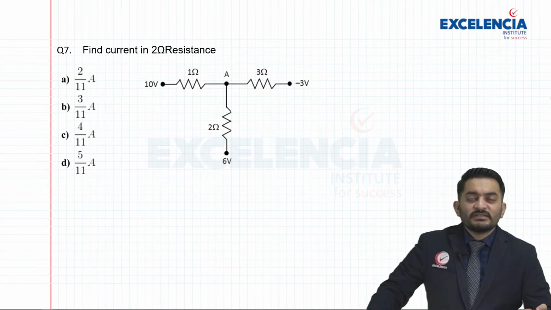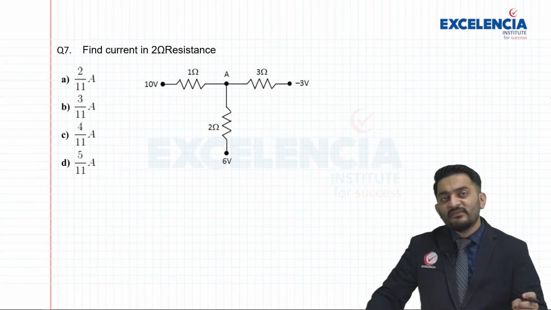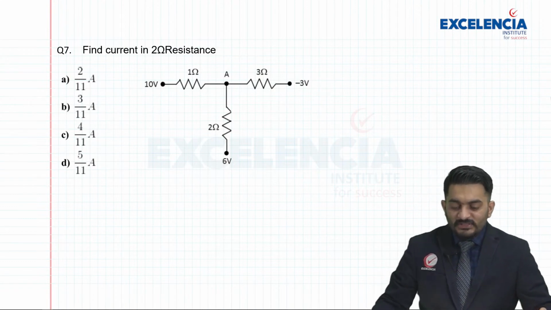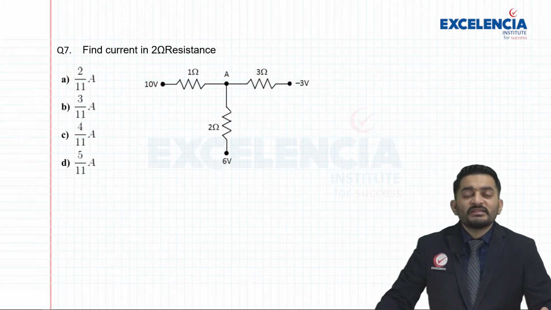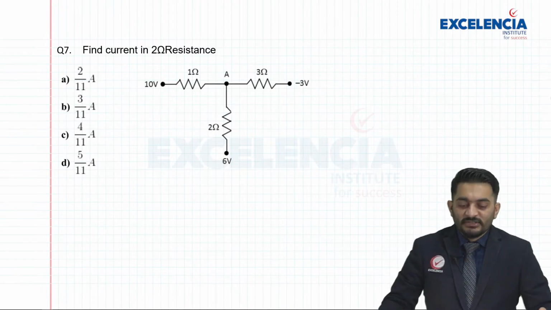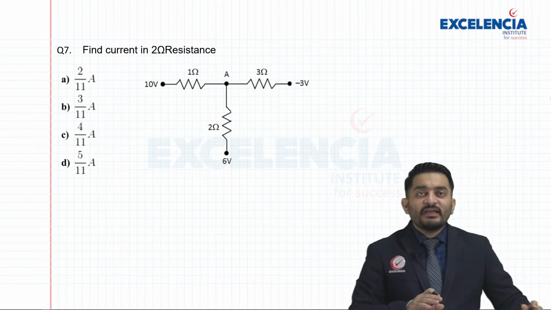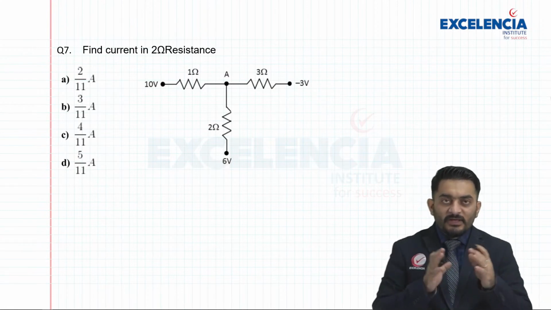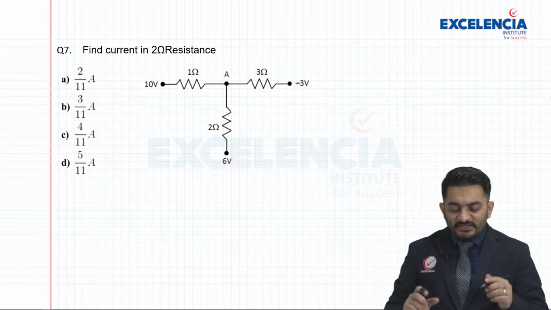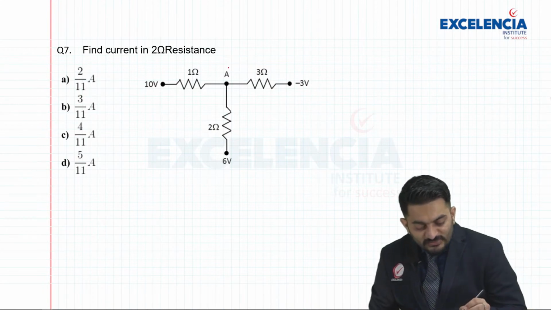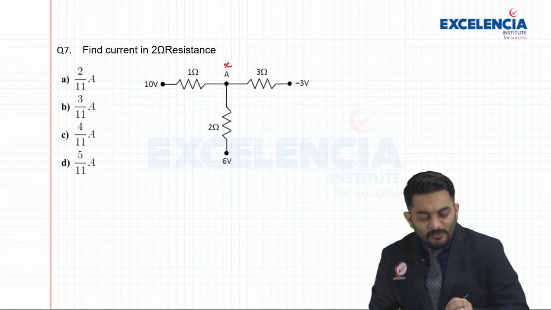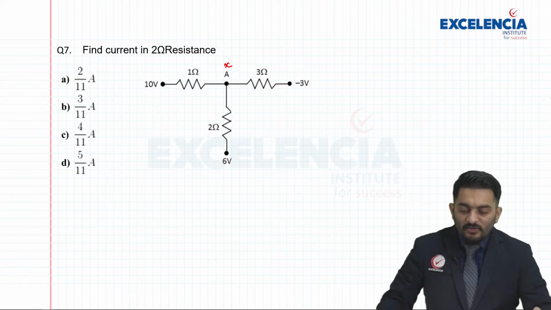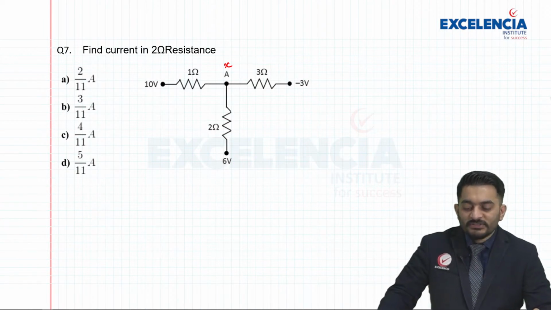When you see any such circuit, I hope you remember that even in electrostatics there is one particular technique which I told you, which I name the T junction. Whenever you have a T junction, which you can notice over here, the 1 ohm, 3 ohm and 2 ohm are connected in such a way that you get a T junction. You can assume the potential at point A is X, and then you can solve this particular question.